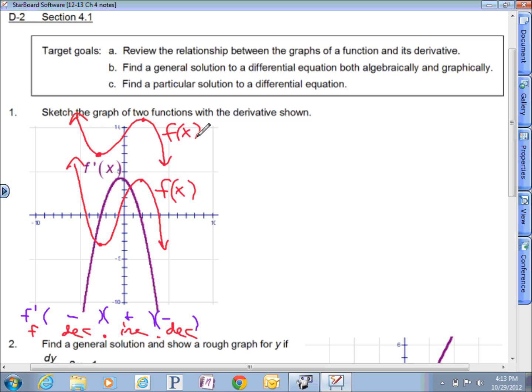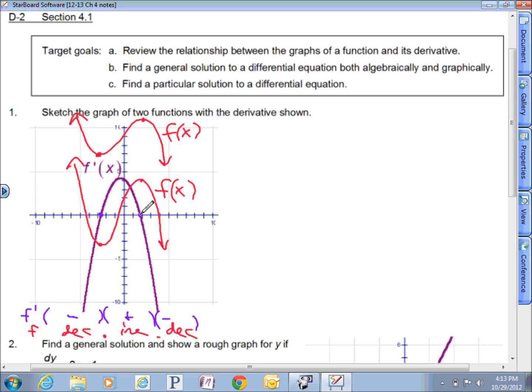As long as it had a minimum at whatever this x value is, it would have to have a minimum at the exact x value where this derivative function changes from negative to positive. It would have to have a maximum at the exact x value where the derivative changes from positive to negative. You've kind of got some play in how you create this graph.